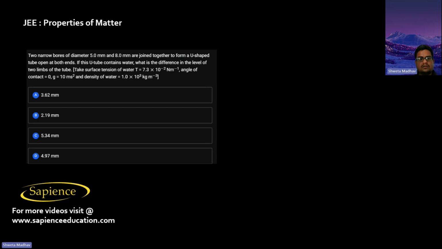And here it is told two narrow pores of diameter 5 millimeter and 8 millimeter are joined together to form a U-shaped tube which is open at both ends.